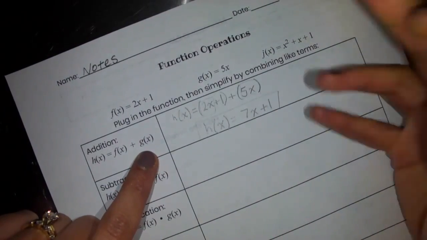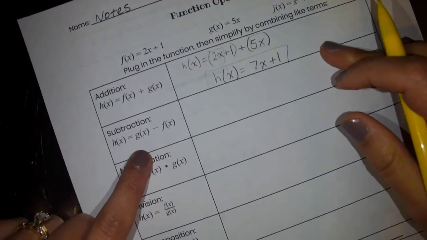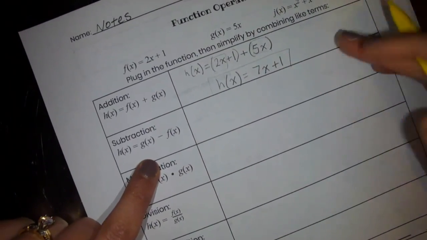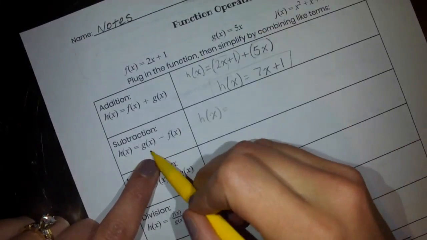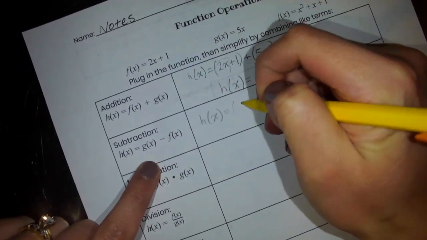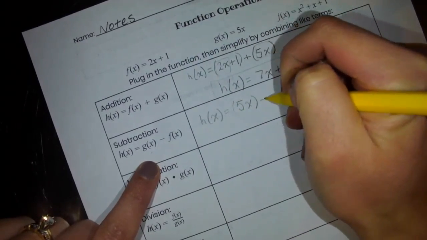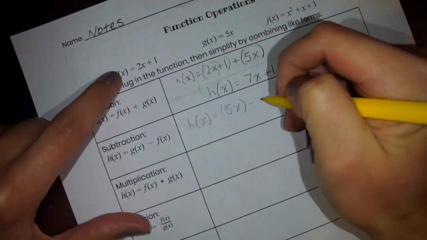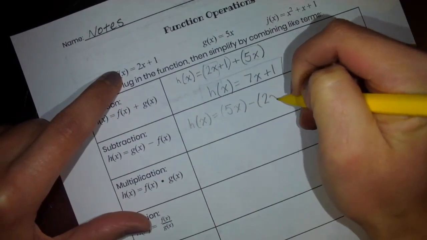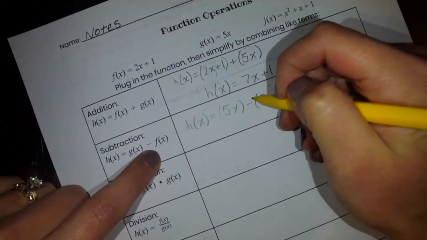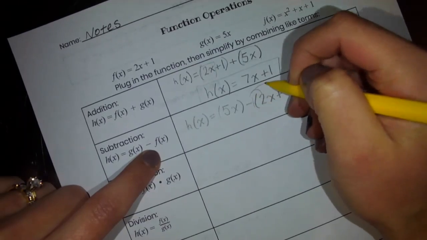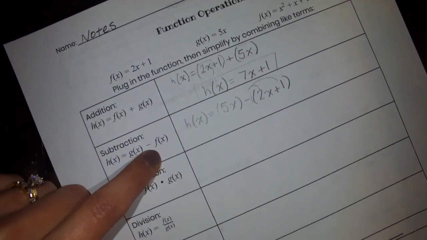All right. Looking at the next one, this one is subtraction. We're going to create a new function h of x, and we're going to take the function g of x, that's our 5x, and subtract f of x. Here, we need those parentheses, because we have to distribute this negative to both terms inside the parentheses.